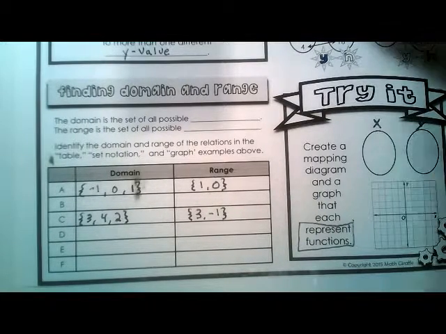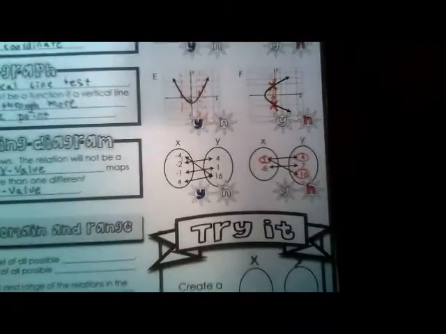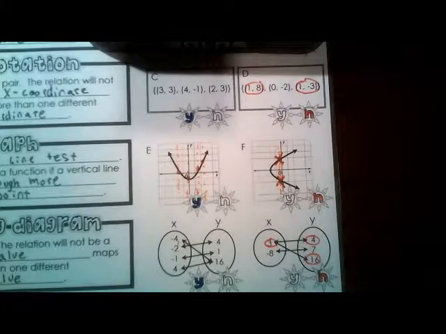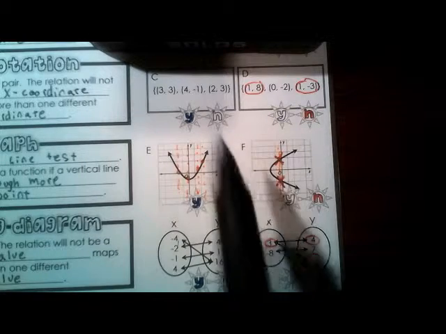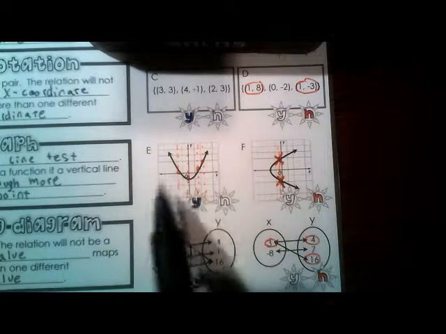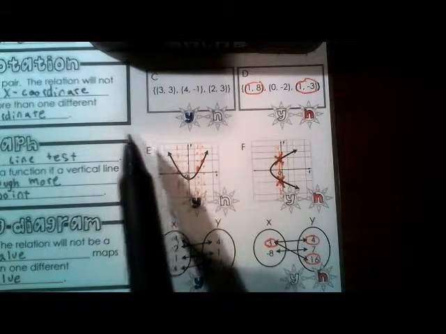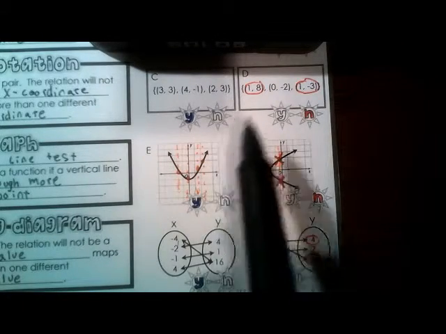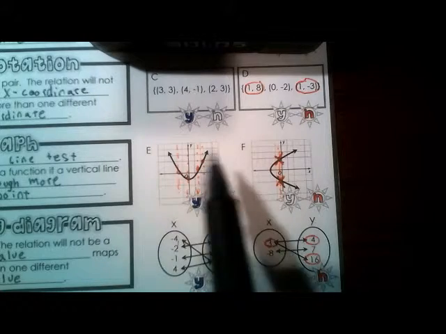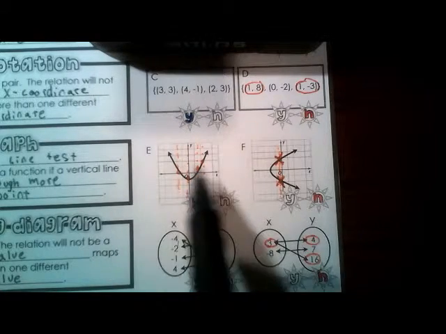Now, E is going to be a little bit trickier. This is more for algebra when we start talking about domain for here. But the domain for E is these x values. And the x values, if this goes all the way up with the arrow and all the way up with the arrow, those values are infinite, right?